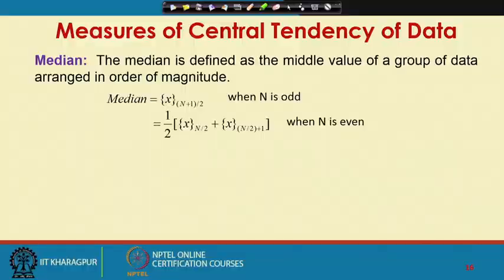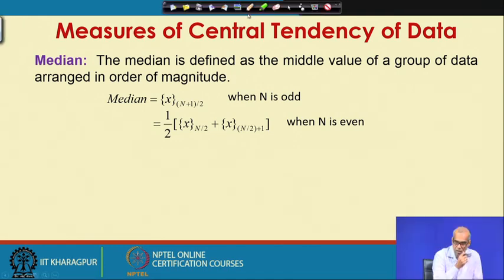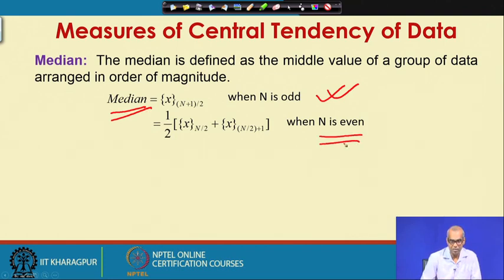But let us say I have taken 10 readings, then I have to take the average of 5 and 6 as median. So, when n is odd, your median will be given by this, and when n is even, it will be given by this.